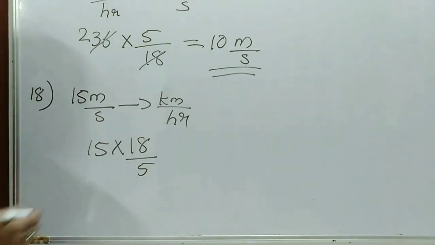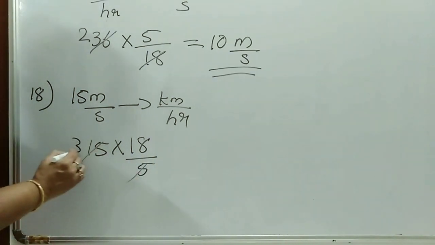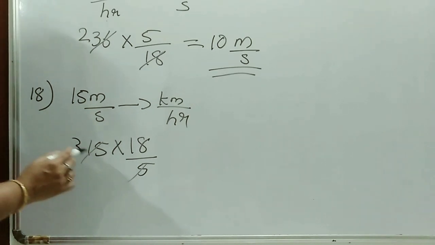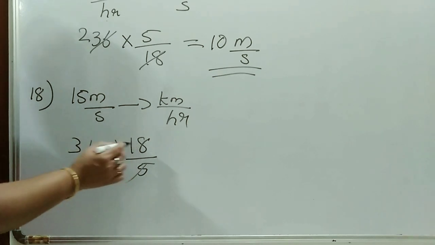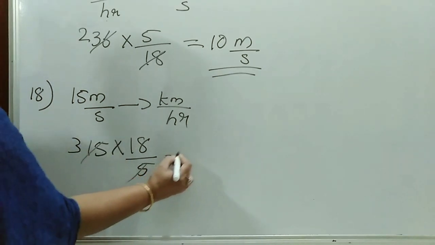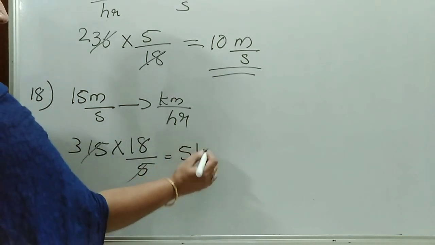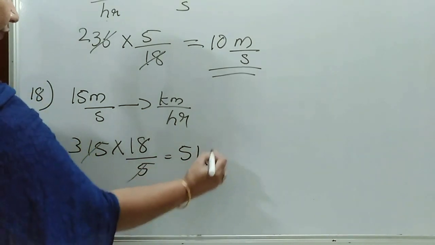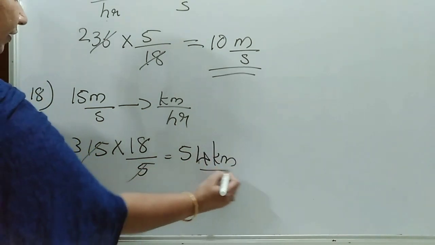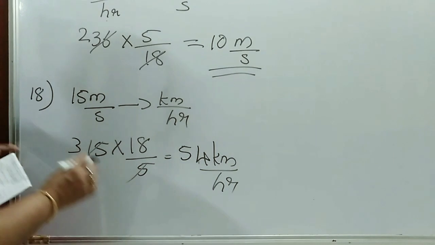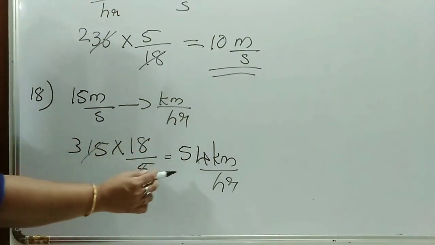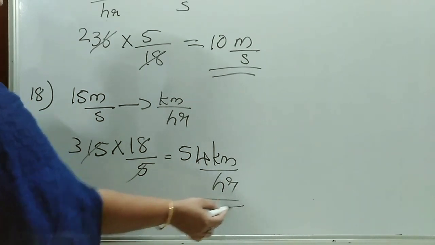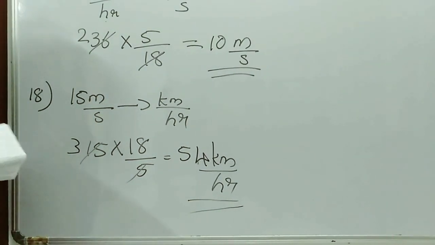Just opposite. Here 5 and 15 will get cancelled. How many 5s are there in 15? 3 5s. 18 into 3, you will get 54 kilometer per hour. So 15 meter per second is 54 kilometer per hour.